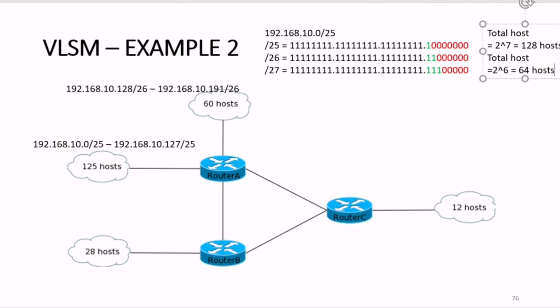So for slash 27, it has 5 bits for the host, so 2 power 5, we get 32 hosts.